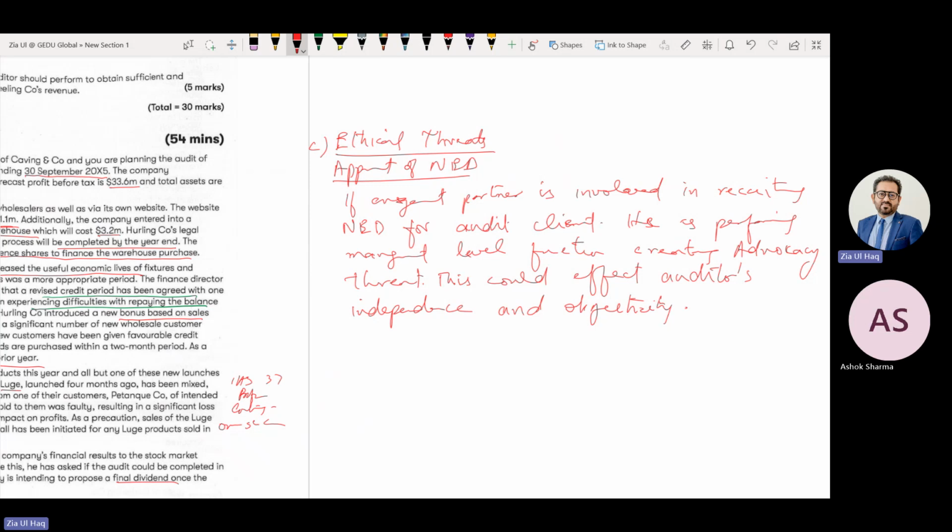What should the auditor do? I'll put a heading safeguard here. I will write down the safeguard.